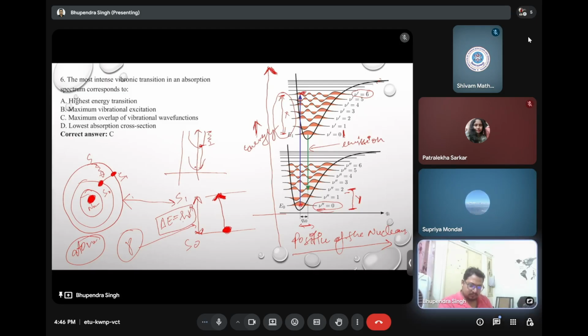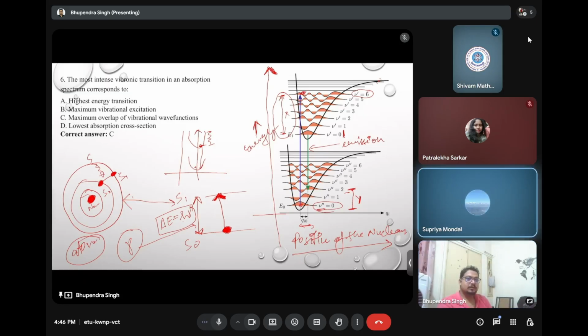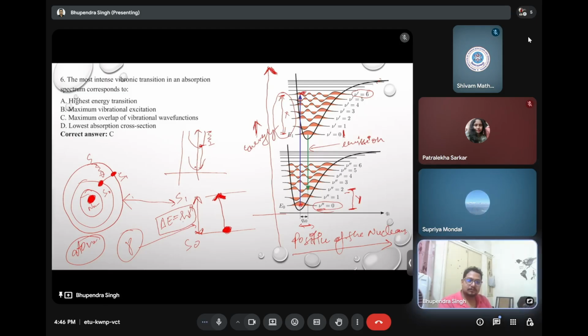I know what you are trying to say. You are trying to say that when we excite the electron, it will go to the vibronic state where the maximum overlap of the wave function will be there. Probably. Yes, probably. Perfect. So that will be the most.